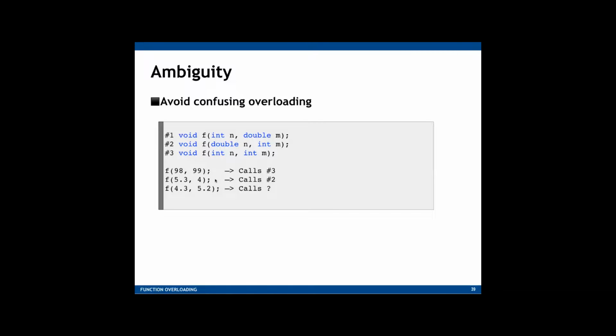This function call will execute the second function, because the second function receives double and int type arguments. How about the third one?